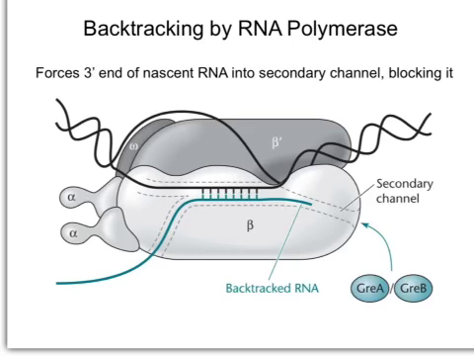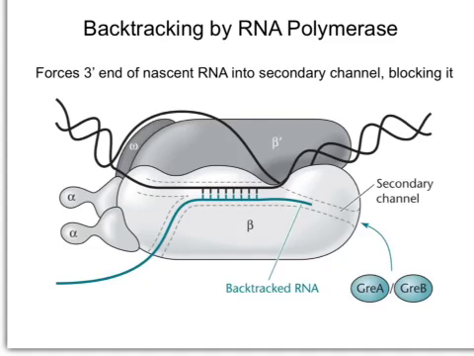As I mentioned in the previous slide, possibly because of hairpin structures that form as the RNA exits RNA polymerase, there is frequent pausing of RNA polymerase as it transcribes new RNA.